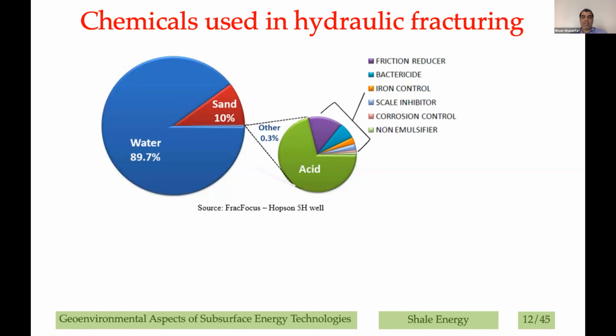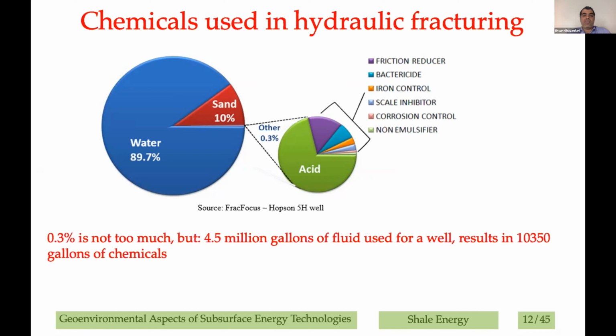So about 10% of the total composition is sand. And about 0.3% of that injected fluid is chemical. There are different chemicals that are used for different purposes, including scale inhibitor, corrosion control, and some of those chemicals will facilitate placement of proppants inside the well.